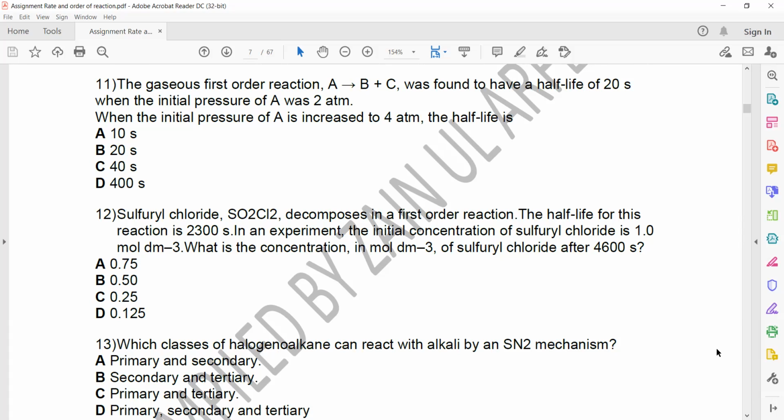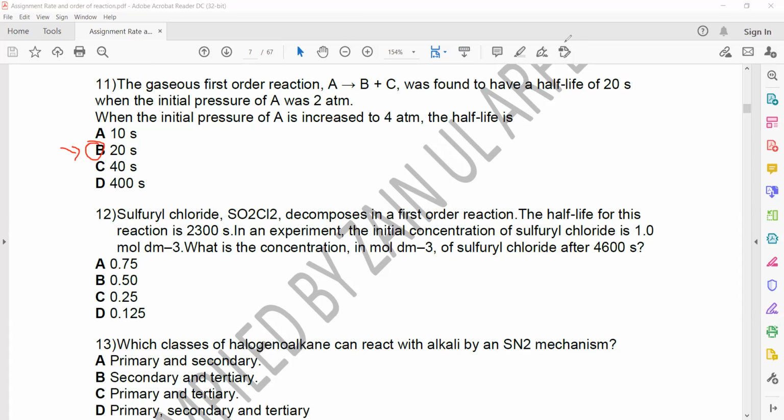When the initial pressure is increased to 4 atm, the half-life is the same. Because it's first order, for first order the half-life remains the same even if we change the concentration. That's why B is the right answer.